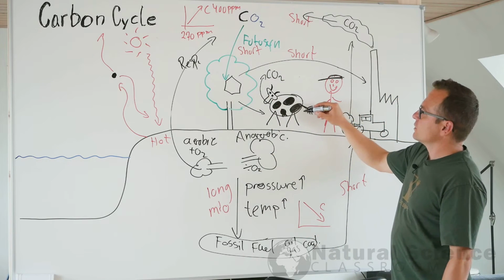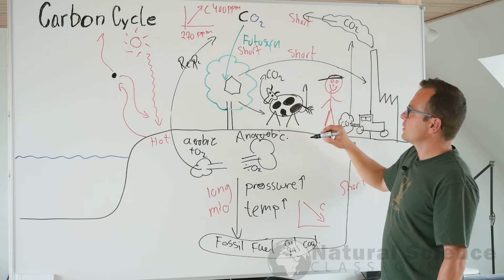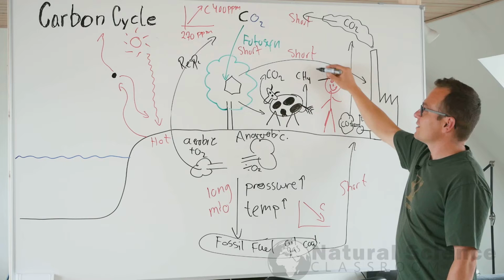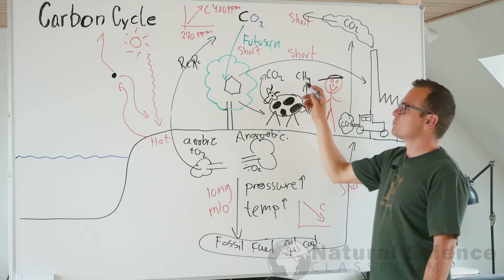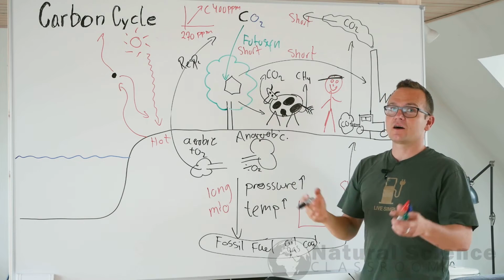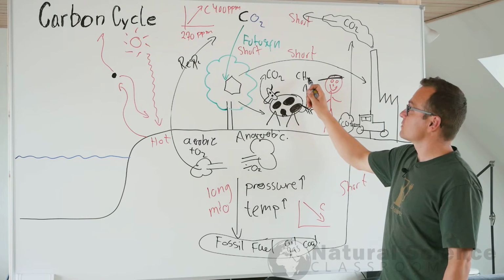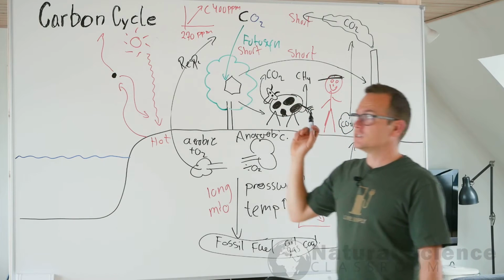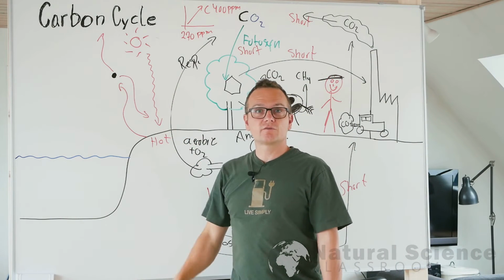And also the cow's digestive system will produce a lot of methane, cow farts. It's a really big problem. Each day it produces a lot of this. And this is 25 times more powerful than CO2 when it comes to the greenhouse effect.